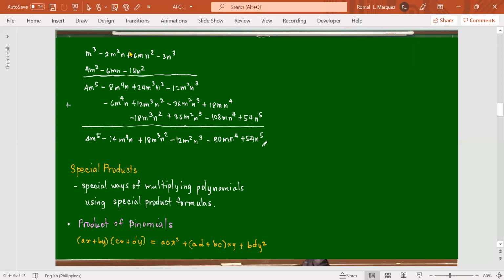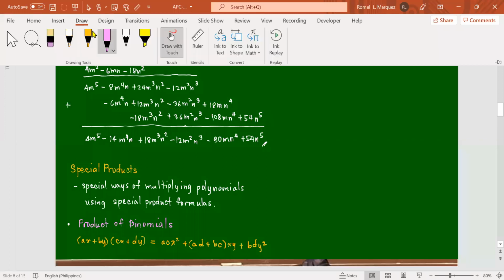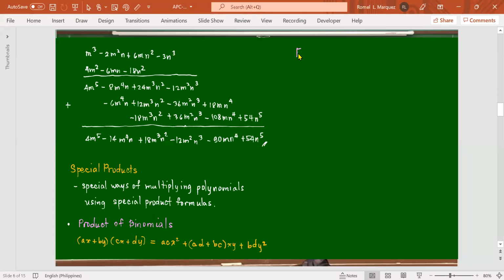Sometimes we call this FOIL. Others call this FOIL method. Am I correct, guys? Yes, sir. What is FOIL, this guide in this acronym? F means First. First terms.